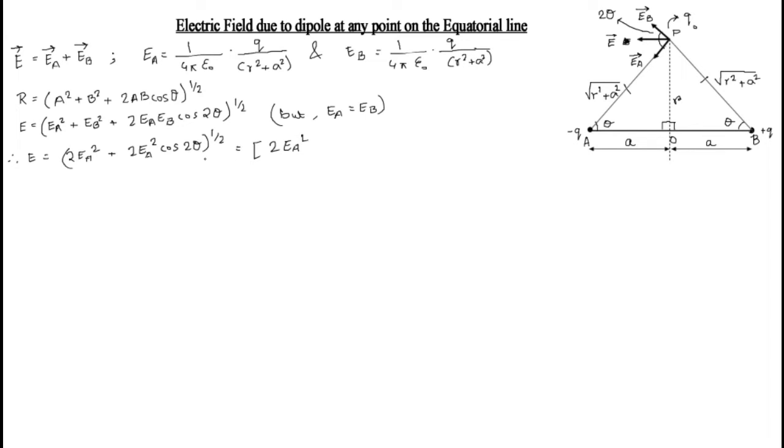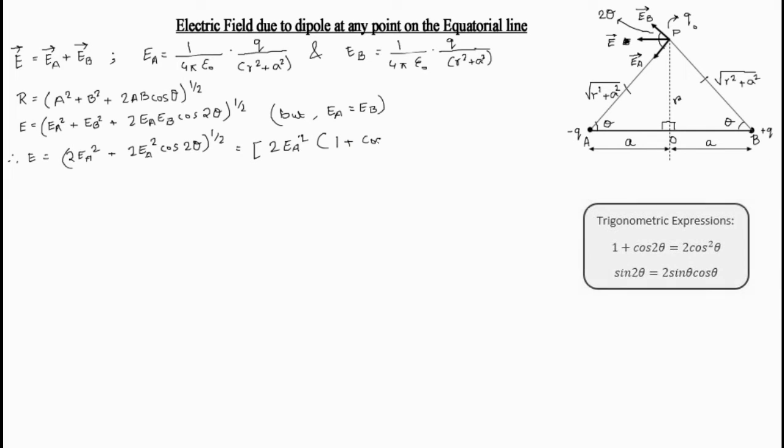Here it is 2EA square, we are taking it as common, and now we are left in the bracket with 1 plus cos 2 theta, and the half is as it is. Now from trigonometry, we know 1 plus cos 2 theta is nothing other than 2 cos square theta, right. So we will replace that.